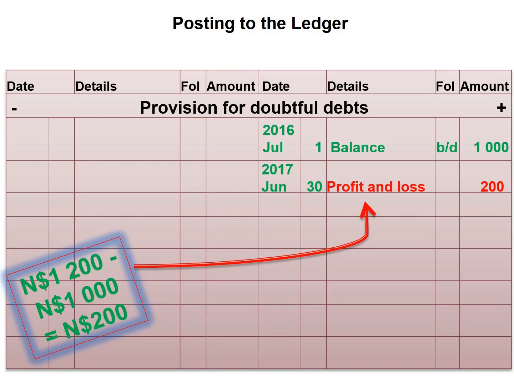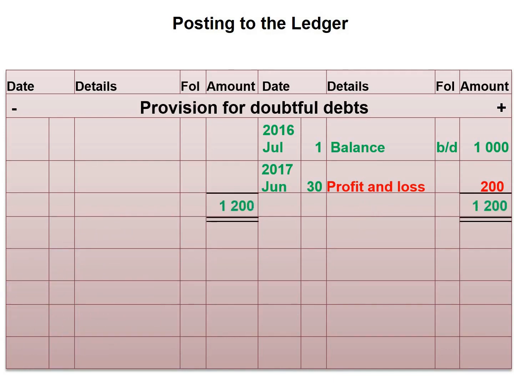Now after that, we will enter our single line and our double line, and then we will add up and we will get to 1,200, and that will be our closing balance for 2017. And our closing balance for June 2017 will be our opening balance for July 2017.